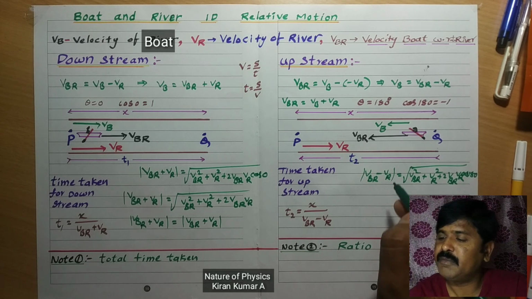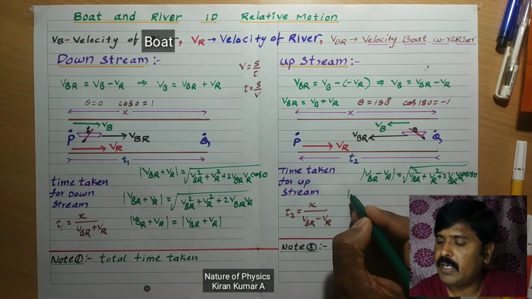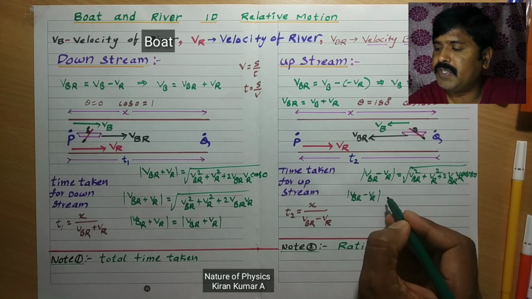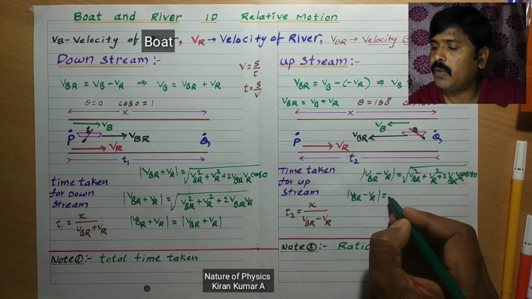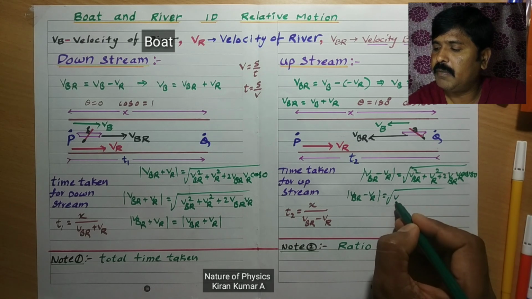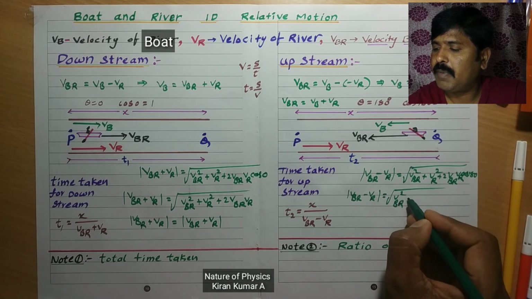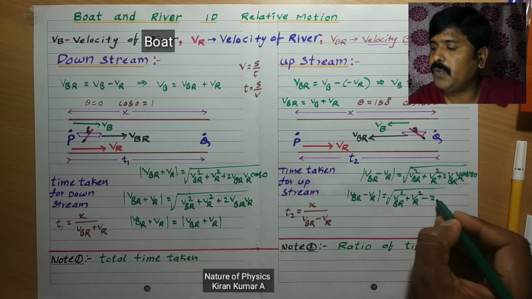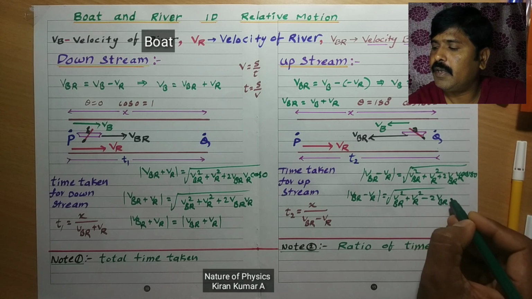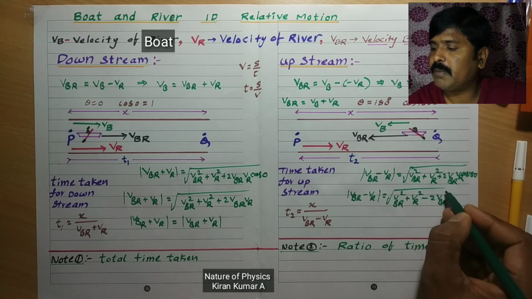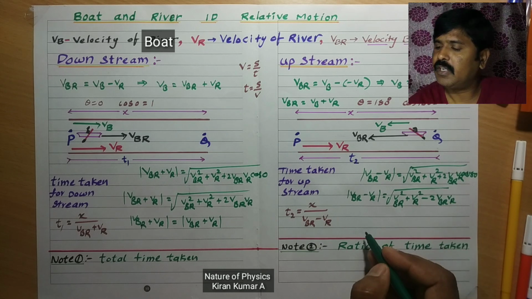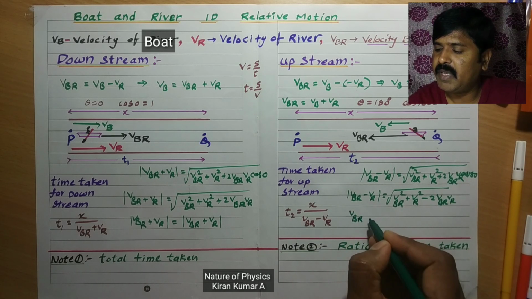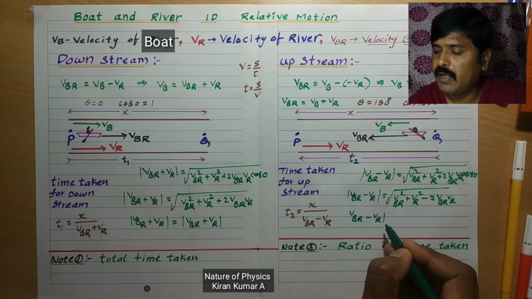Cos 180 is minus 1, so Vbr minus Vr equals root over Vbr square plus Vr square minus 2 Vbr Vr. Here also we get LHS equal to RHS.